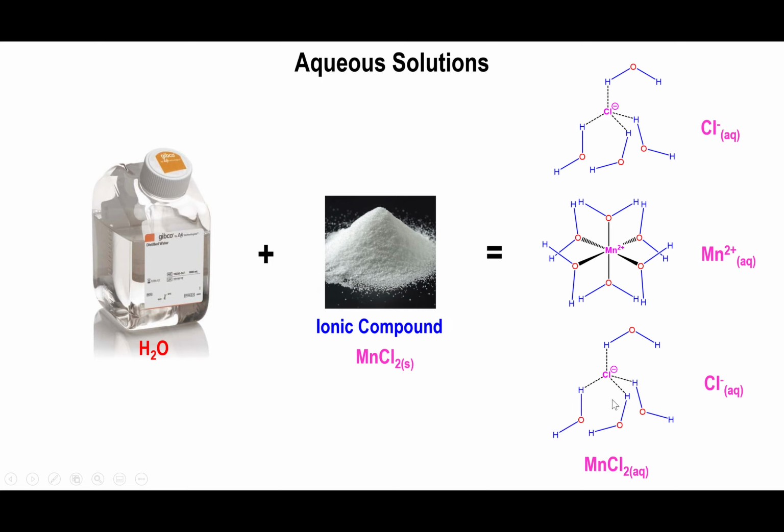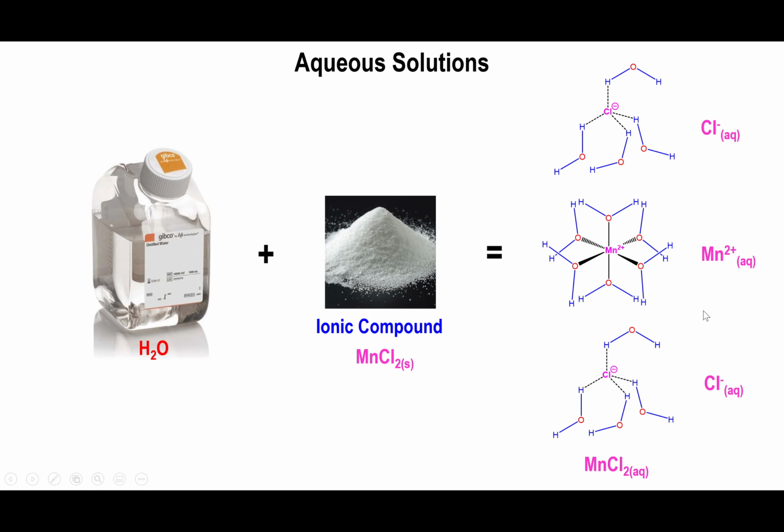Then we have the chlorides, which are also separated from the cation, and they are interacting with water in a very similar fashion as what you saw with the covalent molecule before. But these are stronger interactions because now you have the lone pair of electrons, which are negatively charged, interacting with a full positive charge, and the hydrogen portion of the OH bond of water interacting with a full-on negative charge.